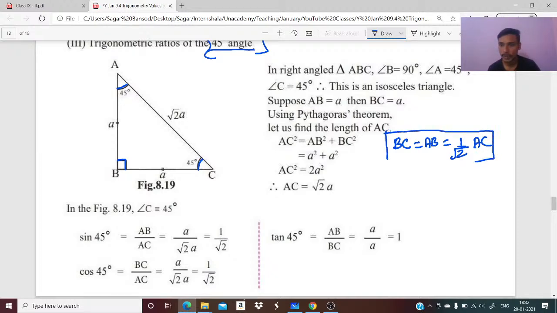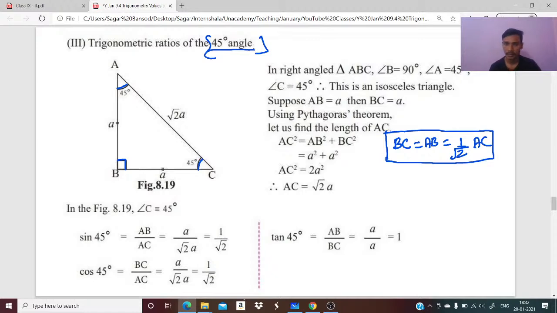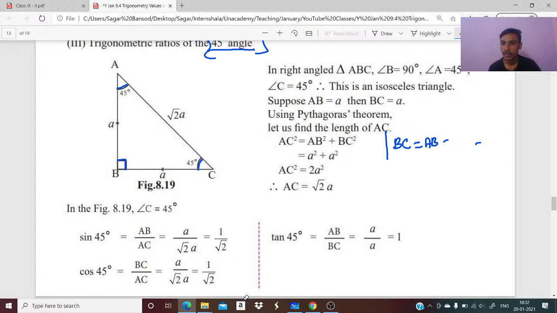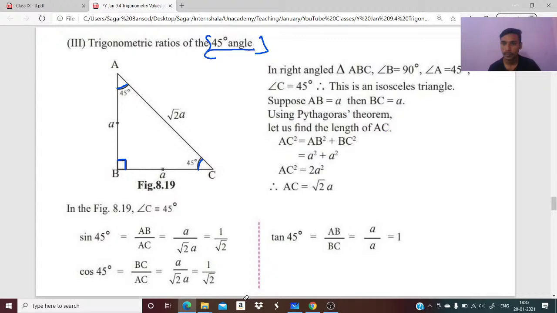This is what the 45-90 theorem says. But don't worry, I will also give you the proof for this theorem here itself. So just leave this for now.